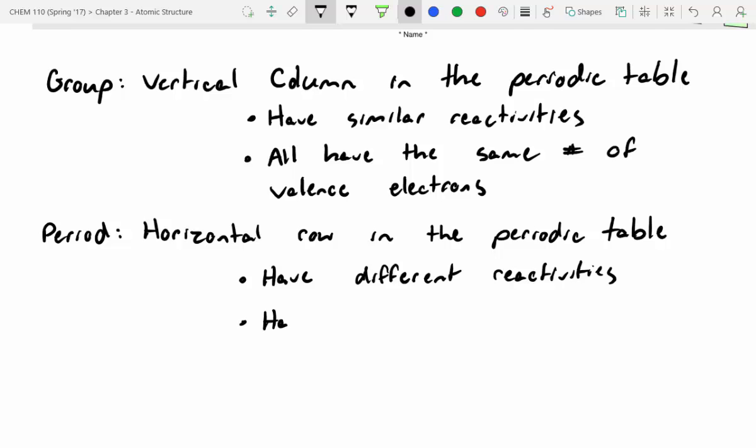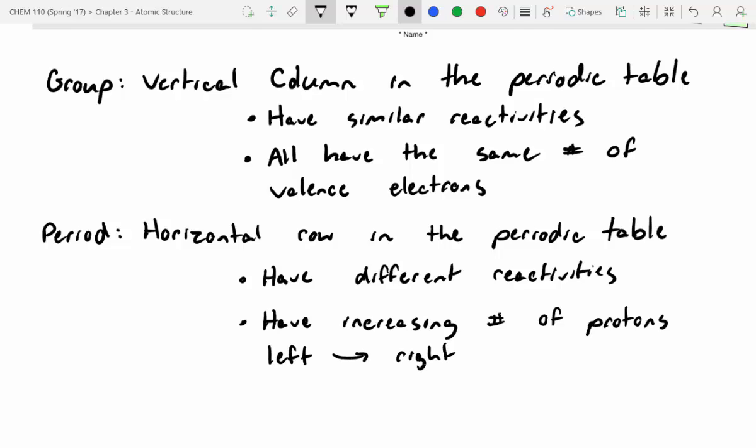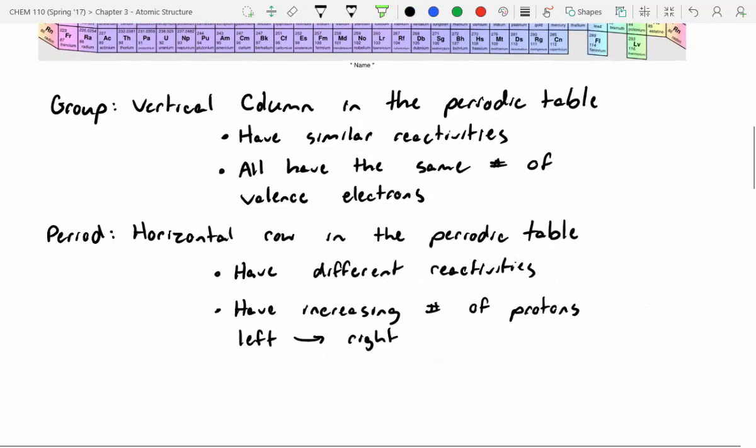And they have increasing number of protons left to right. All right, so let's go back and look at the periodic table that looked a little bit different up above. But before I do that, are there any questions on groups versus periods? I know it's nitpicky terminology, but it's important to know in case there's a word problem.